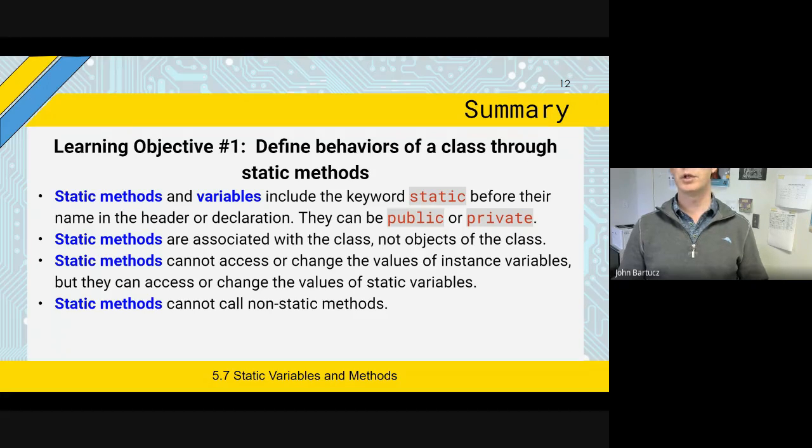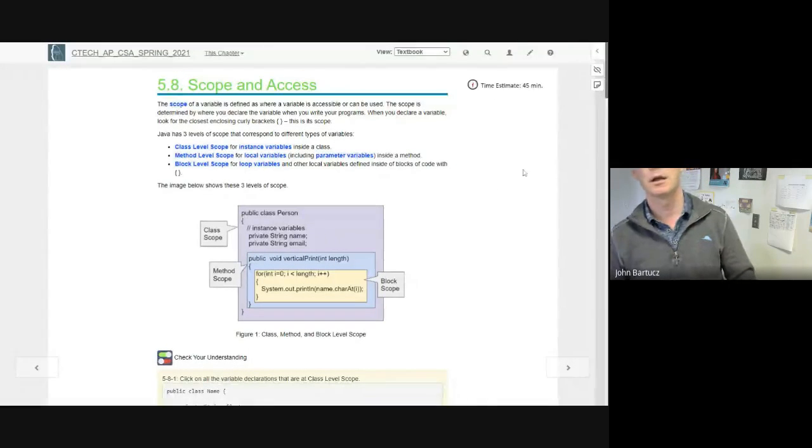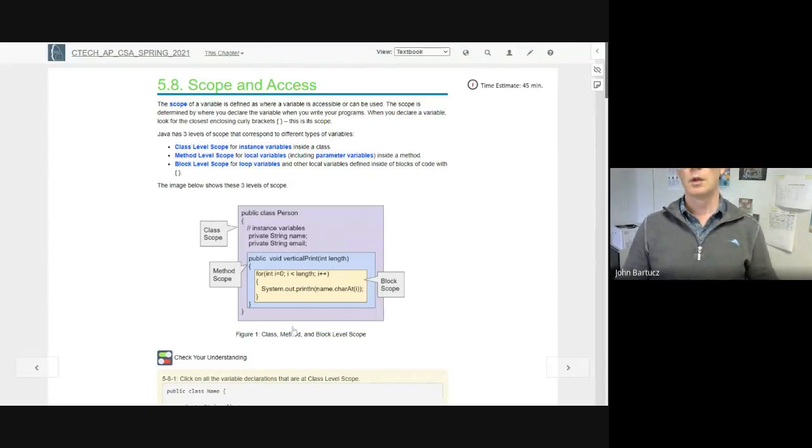So there are 3 levels of scope in the world. There's class level, method level, and block level. And all that scope means is where you can use something, like who can see it.